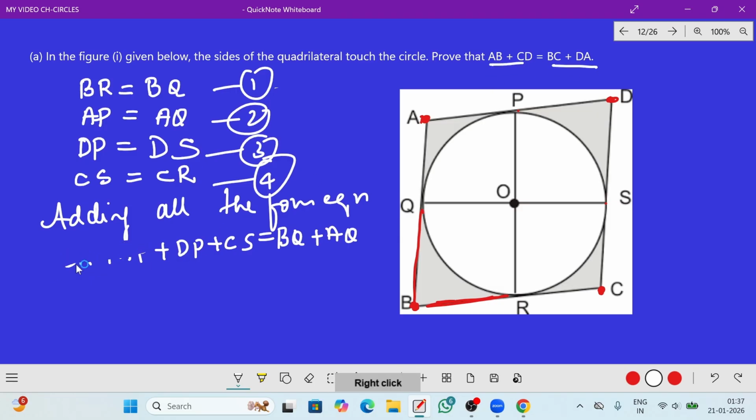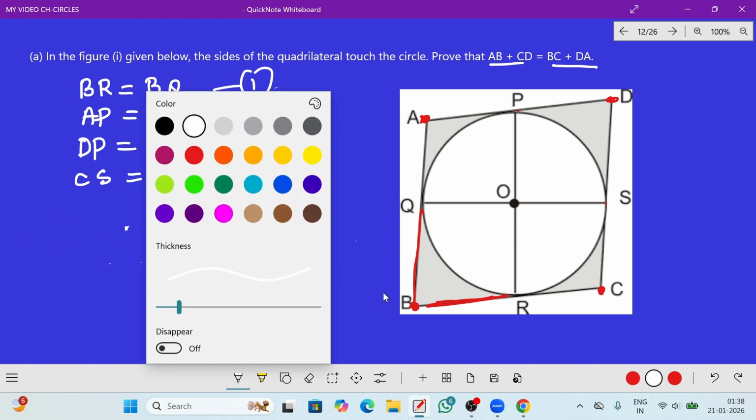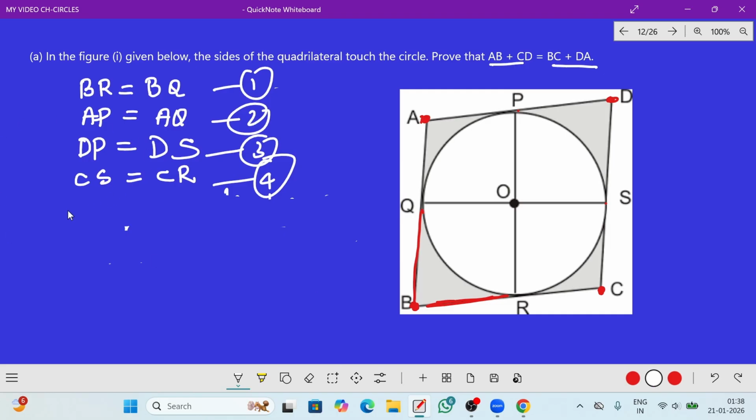Even we can take the other way around, so it will be easy for us to do. So what we will do, considering the LHS of the given equation. There are two ways of doing this. We can do either of the ways. Therefore, given AB plus CD.